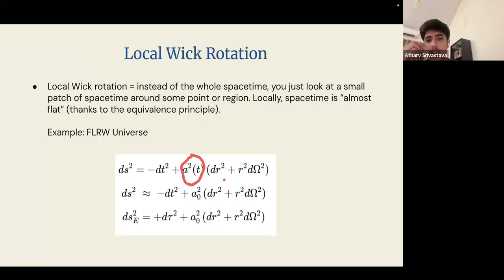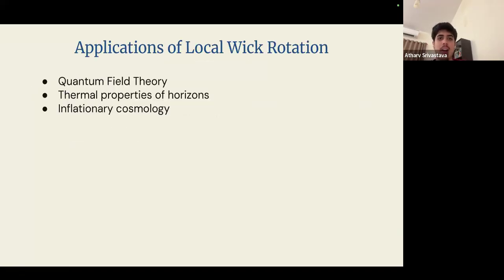But if you consider a small enough region of space-time, then you can basically consider it to be constant. And thus you get this over here, which if you replace the time coordinate with i tau, then you can Wick rotate it and get this metric with all positive signatures. And so that's how you can get over some of these limitations of Wick rotation.